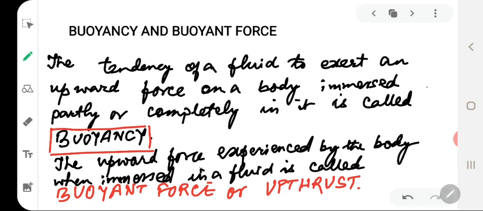Why is it called upthrust? Because this particular force is acting perpendicular to the surface and always acts in the upward direction. So buoyant force is also called upthrust.